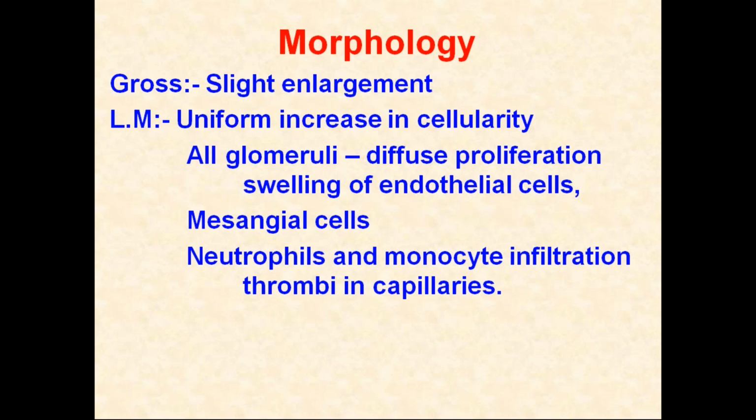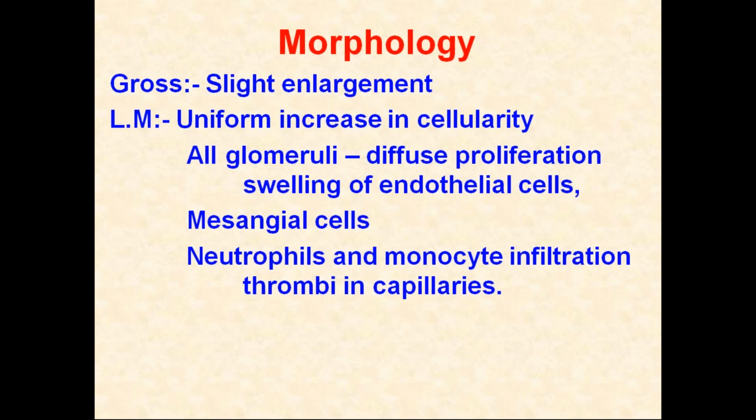So also you can see mesangial cells, neutrophils, monocytes. What do you see within the morphology?